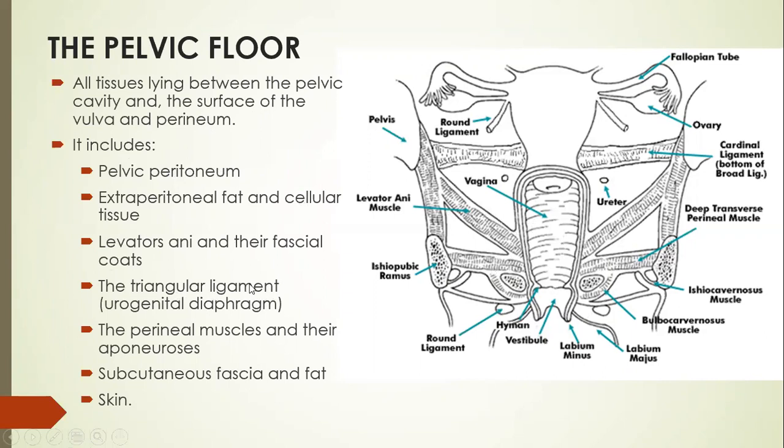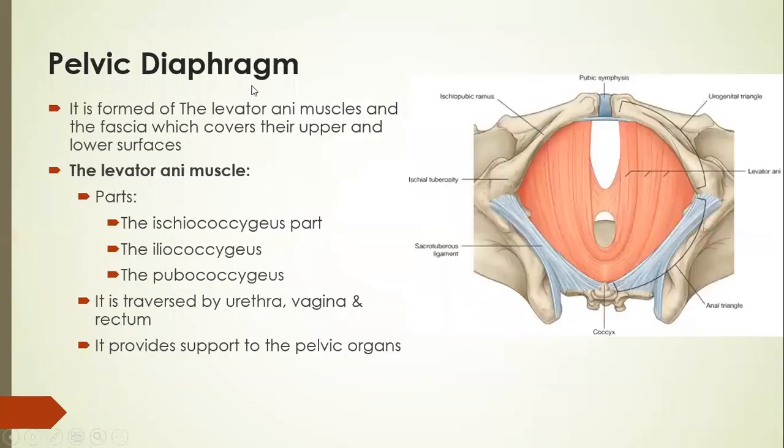Then the triangular ligament called the urogenital diaphragm. Then we have the perineal muscles and their aponeurosis, subcutaneous fascia, fat, skin, everything. All this together will form the pelvic floor.